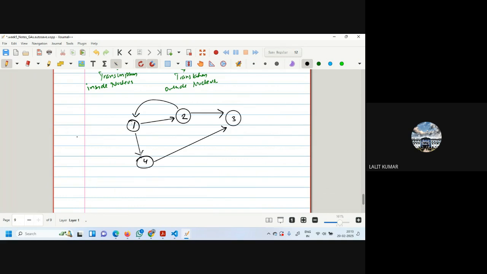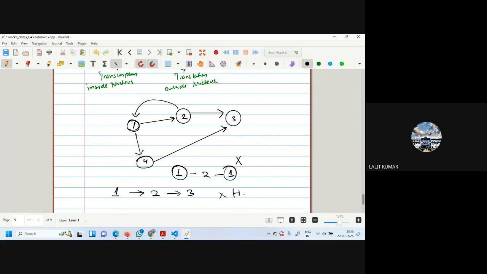Here node 1 has outgoing 2 and incoming 1. If we start from here, it goes 1 to 2, then either it comes back to 1, and as soon as it comes to 1, it is visiting 1 twice, so it is not a Hamiltonian path. Or we can go from 1 to 2 to 3 and it stops here. This is also not a Hamiltonian path because all the nodes have not been visited.